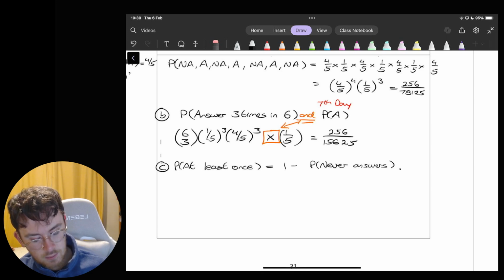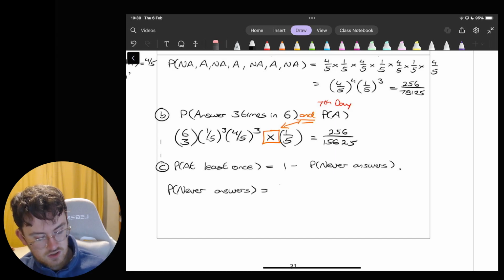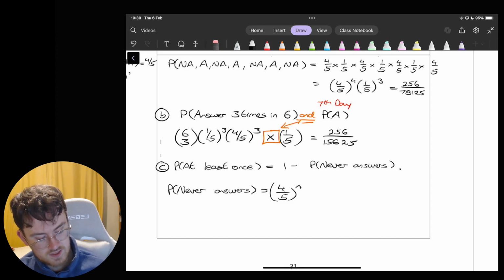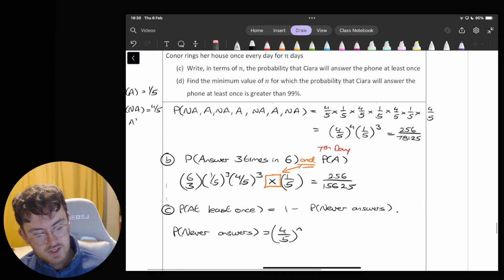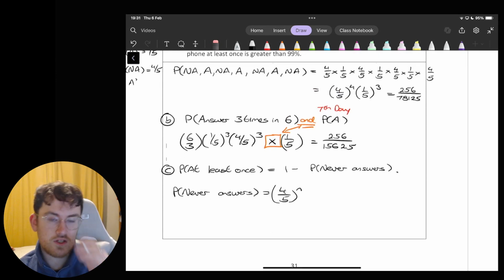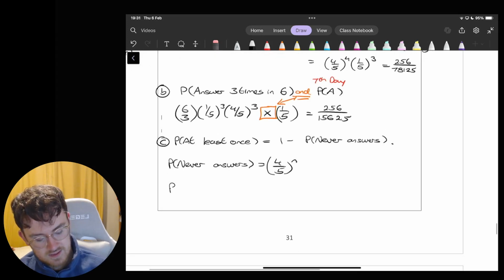Okay, and the probability that she never answers is going to be that she doesn't answer, which was 4 out of 5, for the 7 days of the week, or for the n days, excuse me, because this is n days now. So that's the probability that she never answers, 4 over 5 to the power of n. The probability then that she answers at least once will be 1 minus that to the power of n.